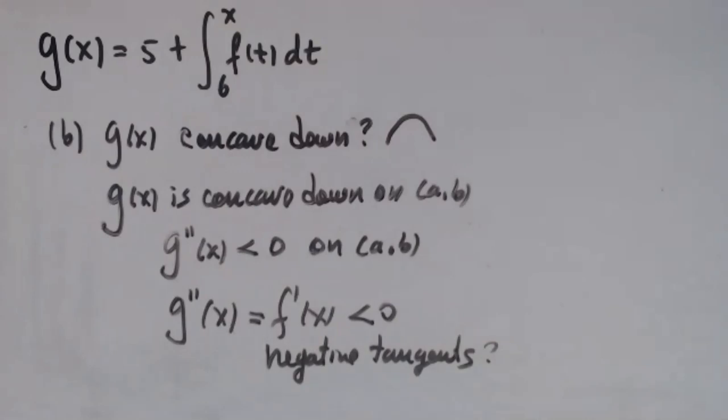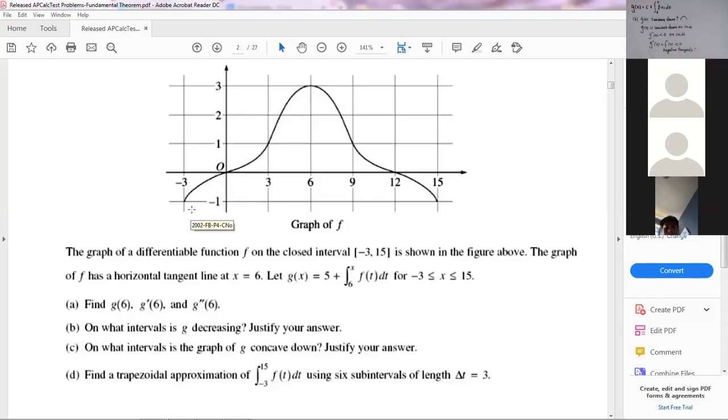Let me see the graph again. So the negative tangents are going to be from this point, all these tangents are negative, correct? From 6, correct, to 15. On this side, all the tangents are positive, correct?